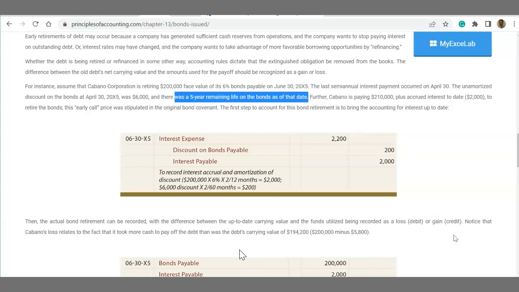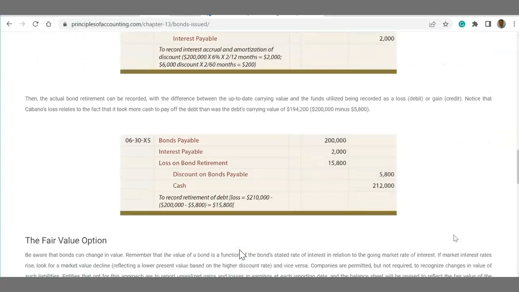Why should they pay interest if they have cash available to pay off? So since the cash is available, let's take a smaller loss here instead of having bigger interest expense down the road. So they prefer to have a loss at this point and just close this bond. Any question? Okay.